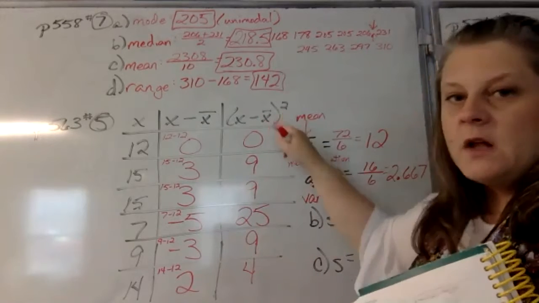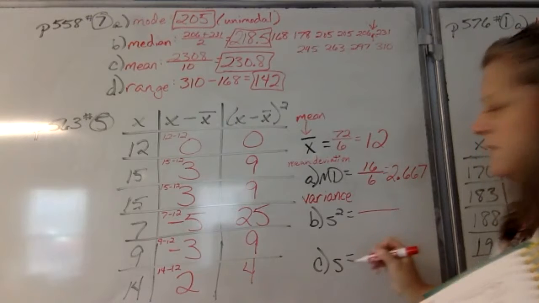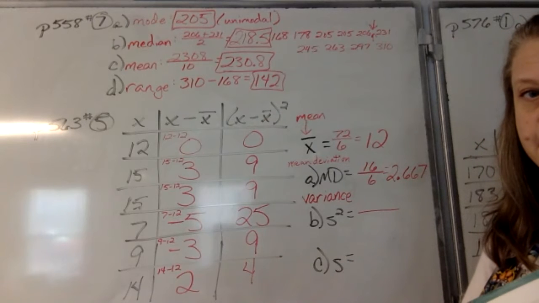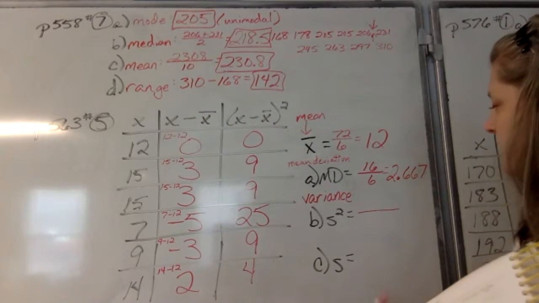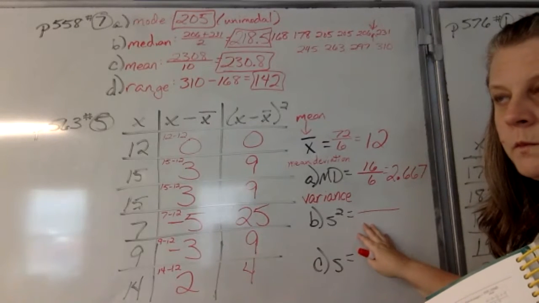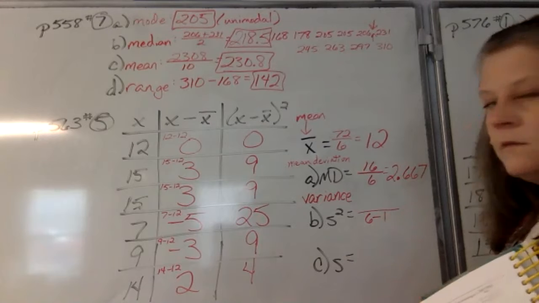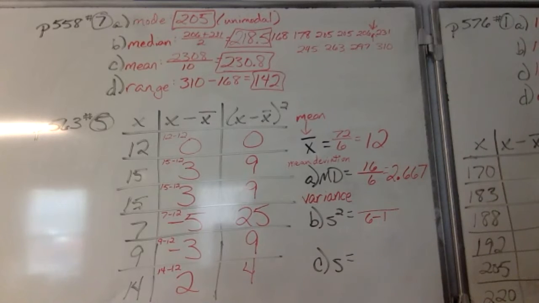There's another difference though. What's the other difference? Does anybody remember? You have to subtract 1 from your n value on the bottom.